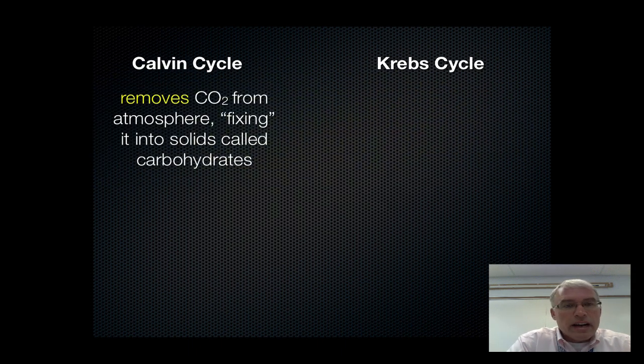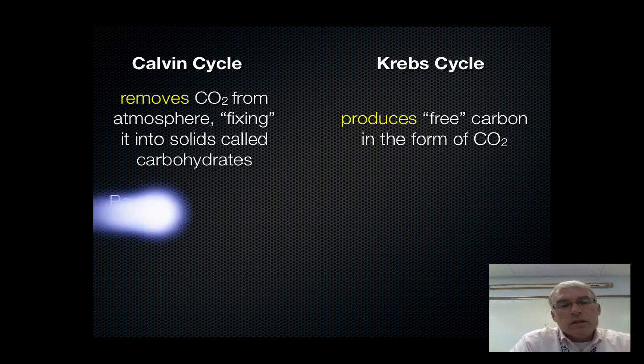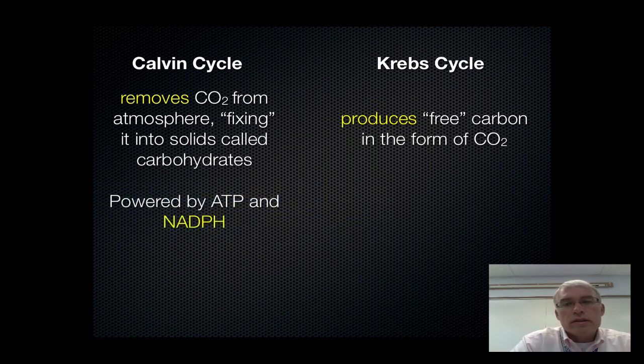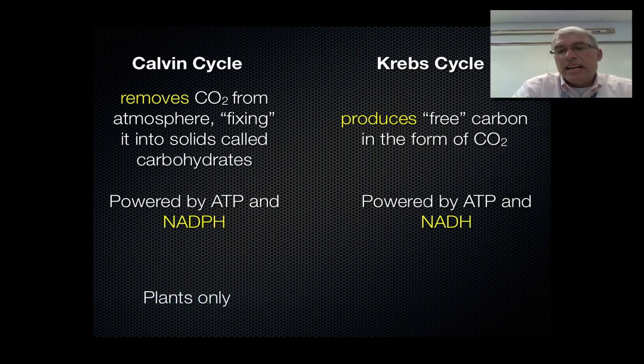Okay, if you remember, the Calvin cycle on the left is our new photosynthetic cycle, and the Krebs cycle is our old one, which we did during respiration. So the Calvin cycle removes CO2 from the atmosphere and fixes it into solids we call carbohydrates or simple sugars. The Krebs cycle does just the opposite. It produces free carbon in the form of carbon dioxide. The Calvin cycle is powered by ATP and NADPH, and the Krebs cycle is powered by ATP and NADH.